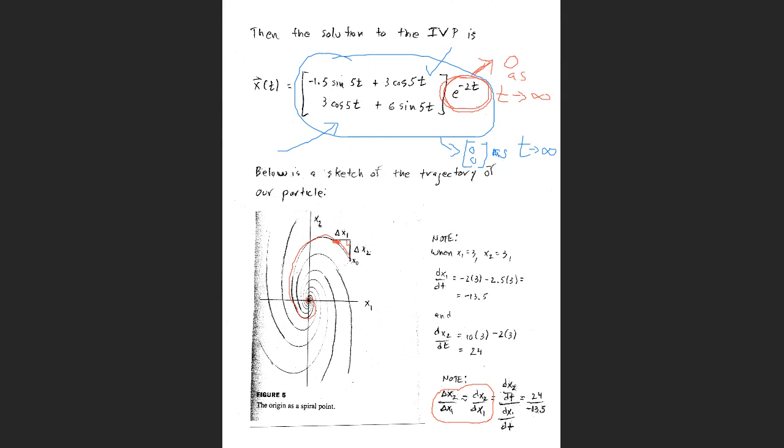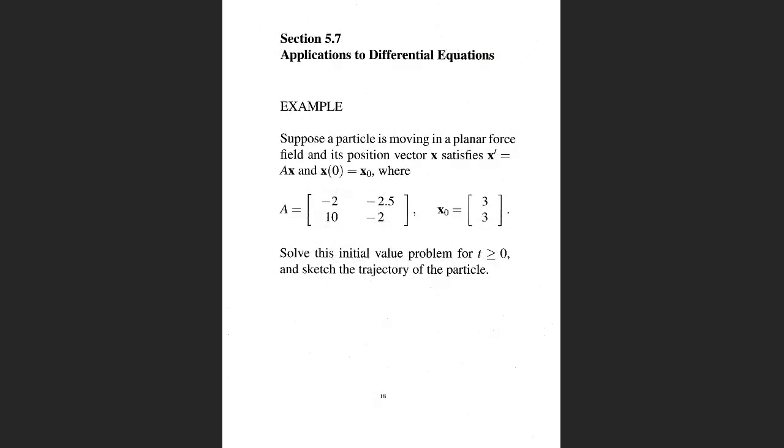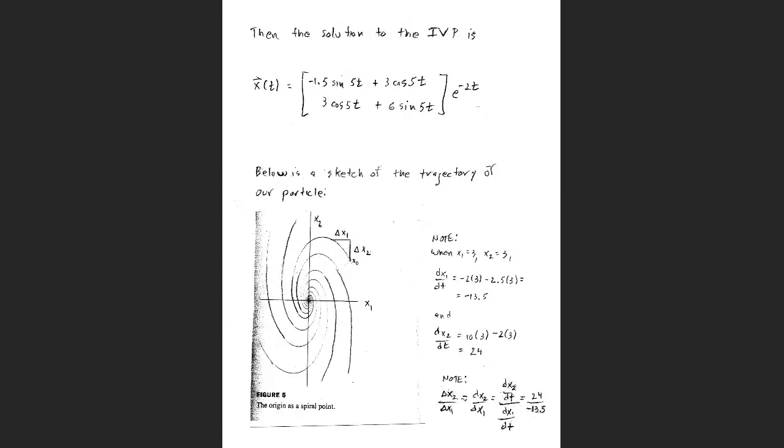So the derivative dx1/dt, based on the differential equation, is going to equal negative 2x1 minus 2.5x2. So when x1 equals 3 and x2 equals 3, dx1/dt is going to equal negative 2 times 3 minus 2.5 times 3, which equals negative 13.5.